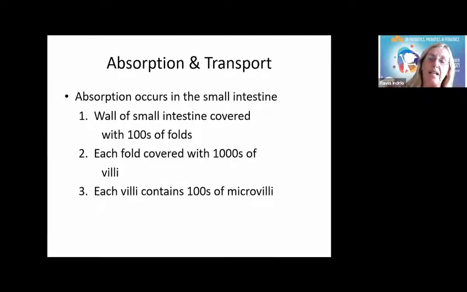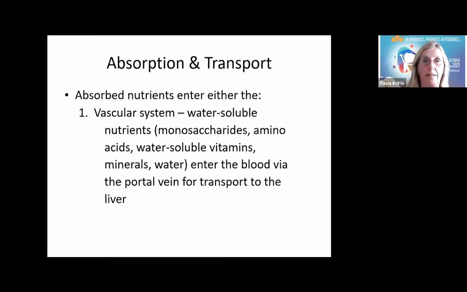The transport and absorption are extremely important, because this happens in the small intestine, where there are the villi and the microvilli. This allows the intestine to amplify the surface where absorption and transportation happen.